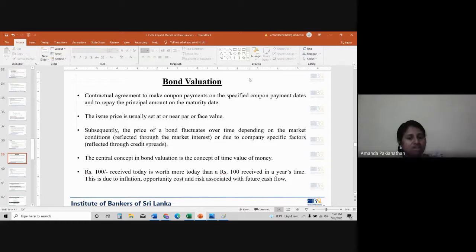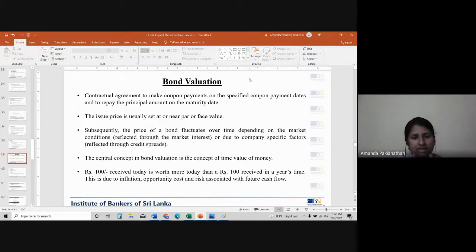This can fluctuate, but can the coupon payments fluctuate? No. That amount is determined and agreed when you enter into the bond investment itself. You already know the amount. Principal amount, you know the face value of the bond. So you know what is going to come at maturity.